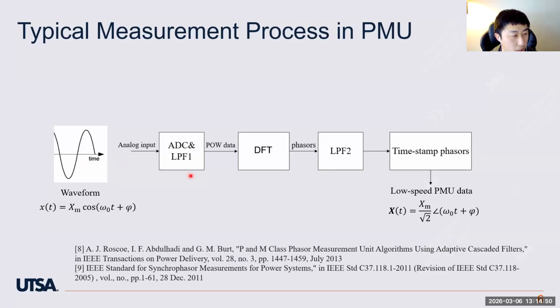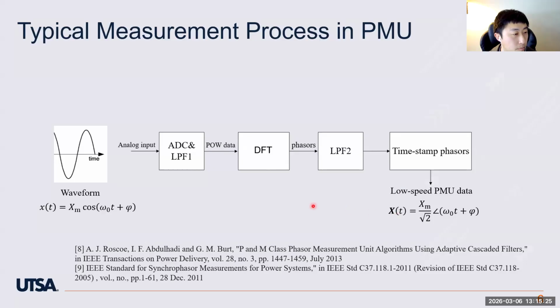Theoretically speaking, we can do the phasor calculation each time a new point-on-wave data sample comes in, and then report a new phasor. But that's not the most effective way. It consumes a lot of computing power. So I think people found a sweet spot, which is 30 samples per second or 60 samples per second, adopted in the field.